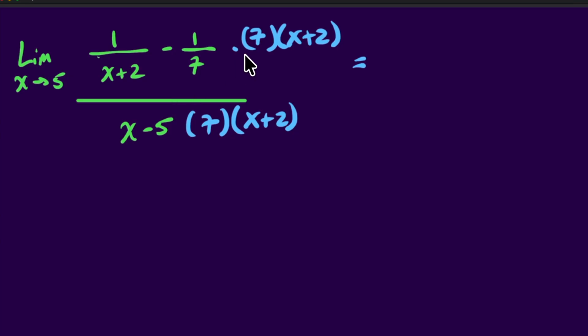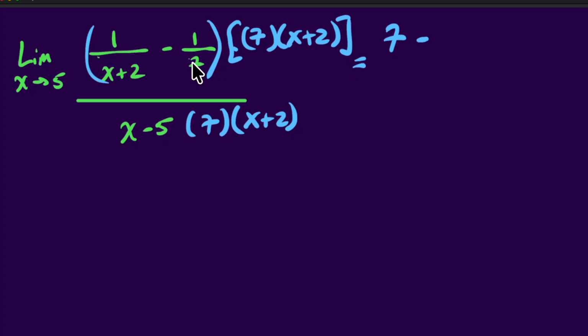Okay, so now we're going to distribute this bomb, like I call it, into this expression here. So if you want, you could put your finger over the x plus 2 and the x plus 2, and you're left with 7. Then, when you multiply the second term, you have your minus sign.